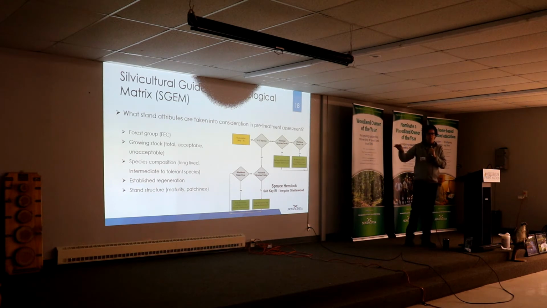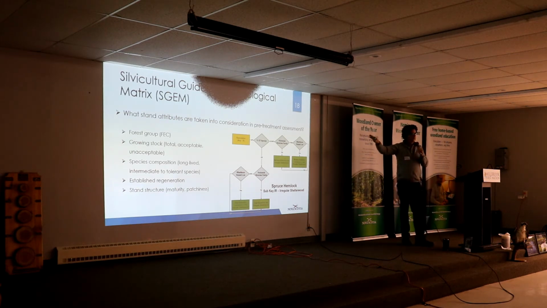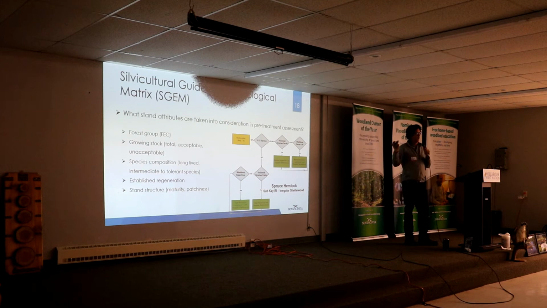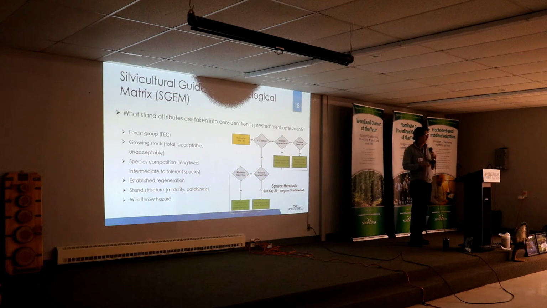And the goal for all these treatments is that the amount of that acceptable growing stock is increased every time that the stand is being managed. And some other key variables: species composition, especially those long-lived, tolerant Acadian species, which I'll talk about in a moment, natural regeneration, stand structure, and windthrow hazard. These are all considerations here.